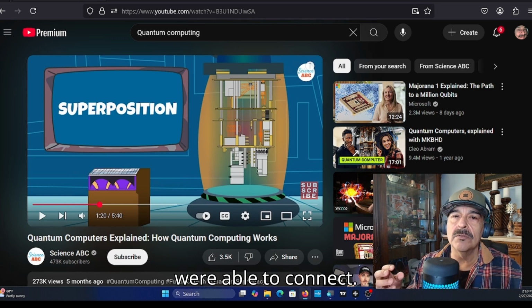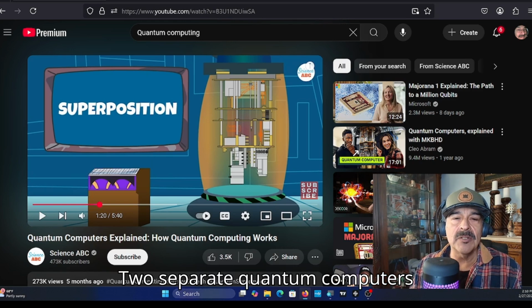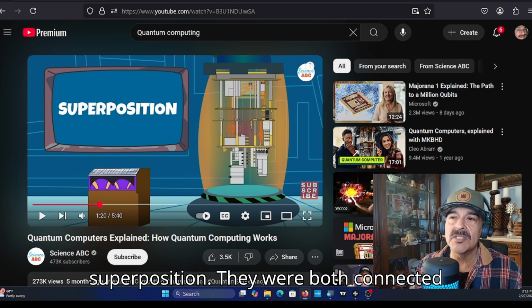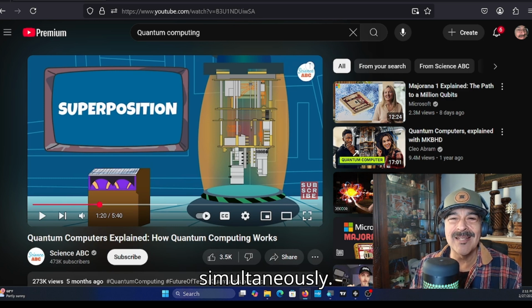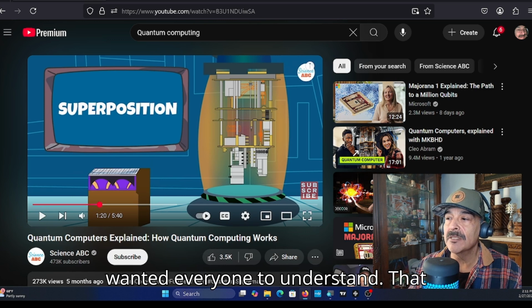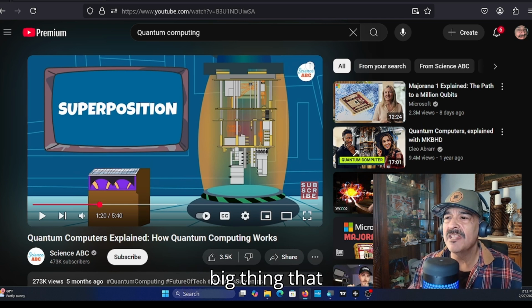They were able to connect two separate quantum computers, and both of them had the superposition. They were both connected simultaneously. That is the big thing. That is what I wanted everyone to understand. That is like a milestone.